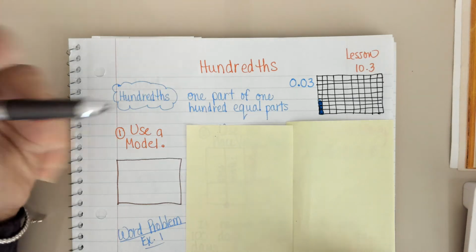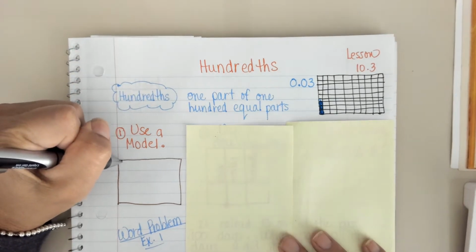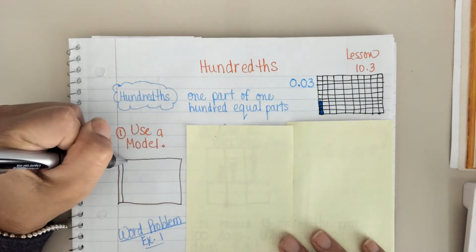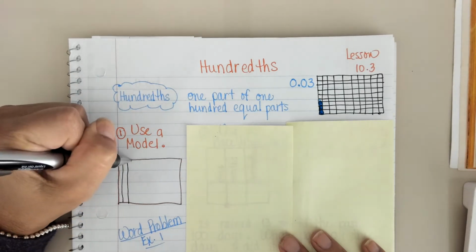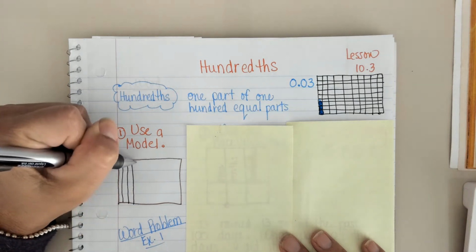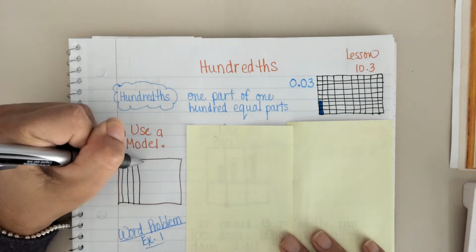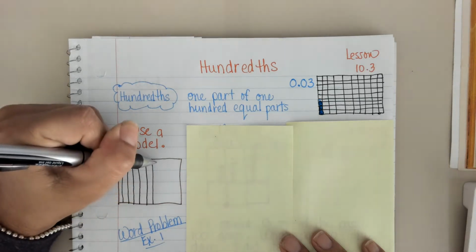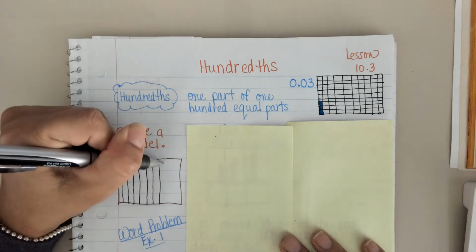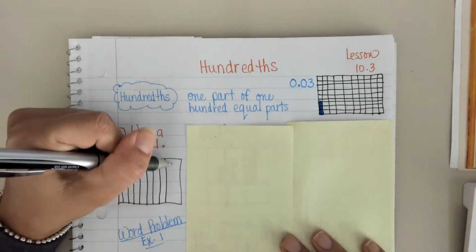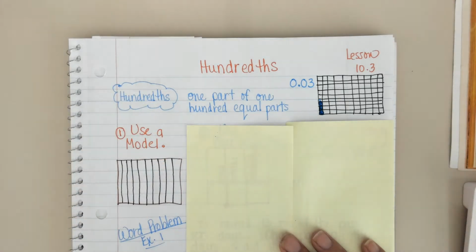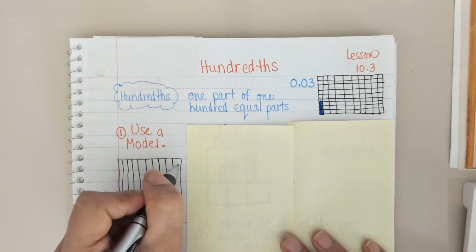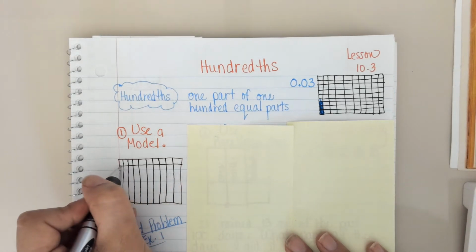And let's do this again. 10 equal parts. See, practice really helps us to get better at this. And then 10 equal parts.